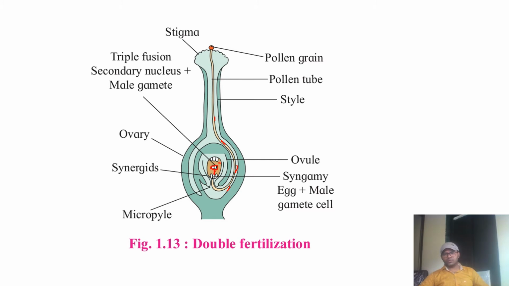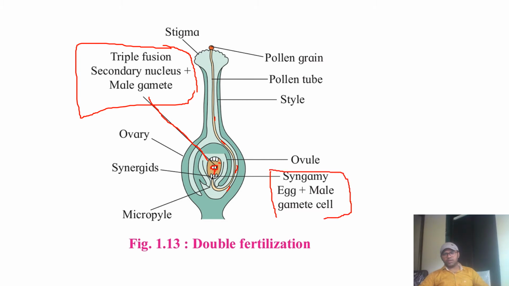Here you can see the label secondary nucleus plus male gamete, which means the fusion of secondary nucleus plus male gamete, this one. And here syngamy or first fertilization is nothing but the male gamete fusing with the egg.